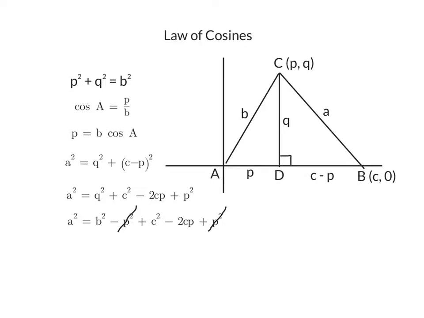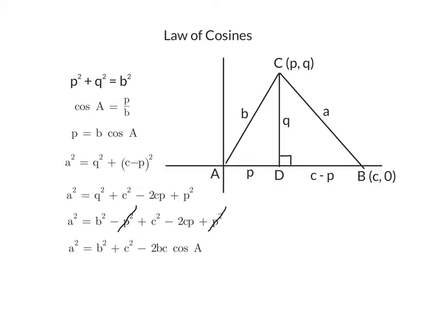Now, remember what we were trying to do: get A squared in terms of B, C, and angle A. Well, notice I don't have angle A there, but I have P. So if I go back up to one of my original expressions for P, we see that P is equal to B cosine A. So I can substitute that in and get my final expression. After we do this substitution, my final result is simply A squared is equal to B squared plus C squared minus 2BC cosine angle A.